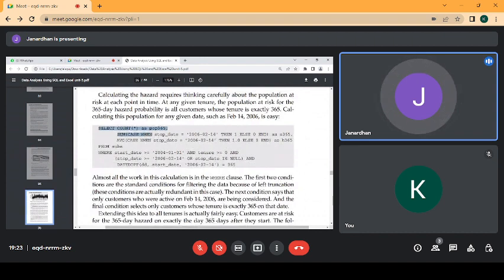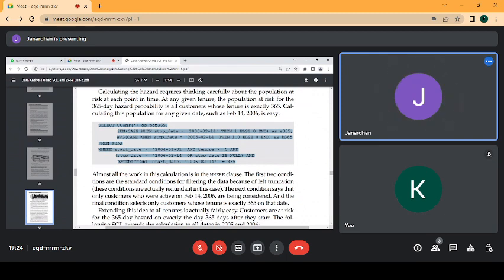Select count star as pop365, sum case when stop_date equal to then 14, then 1 else 0 as stop365, average case when stop_date is equal to then 1 else 0 as h365 from subs where start_date greater than 2004 and tenure greater than 0 and stop_date 2006 or stop_date is null and date difference dd start_date 2006 for 365.